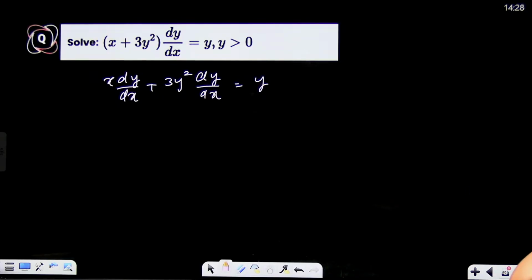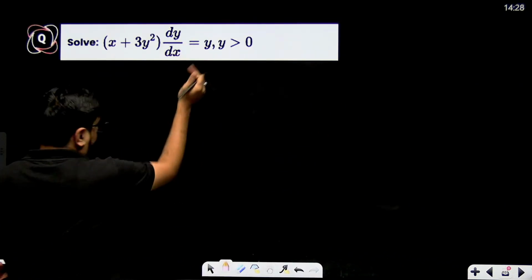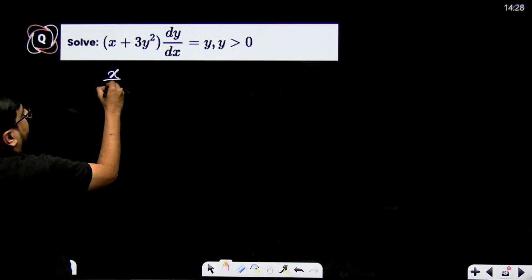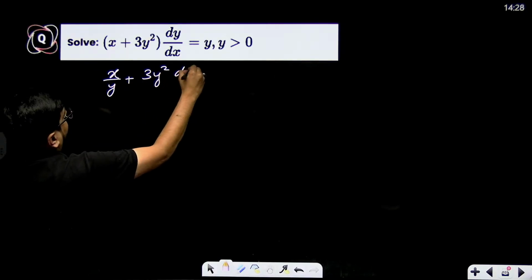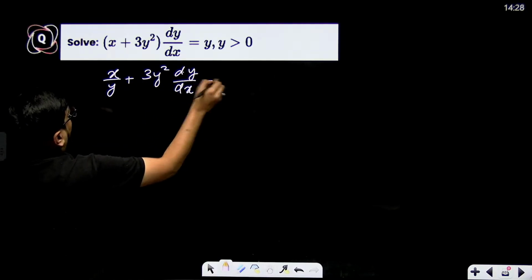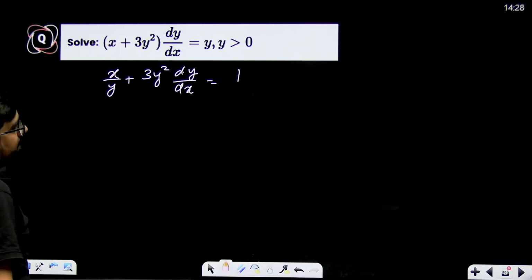So we'll divide by y. Divide the entire equation by y, it will become x by y plus 3y, dy by dx equal to 1. This thing only we are getting.